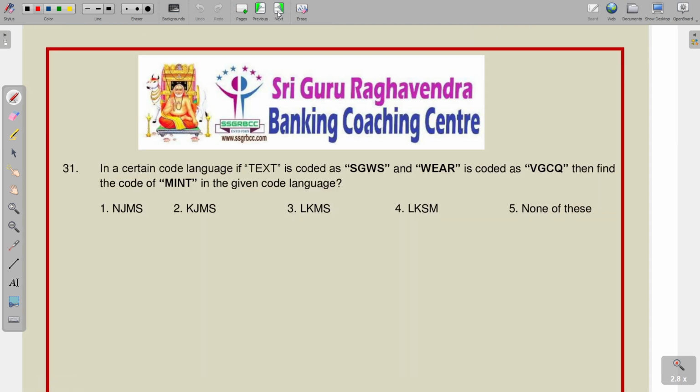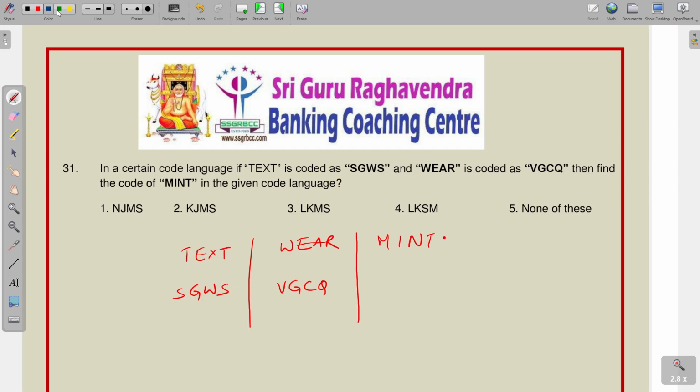Question number 31. In a certain code language, text is coded as SGWS, and next where is coded as VGCQ. Then find the code for mint.